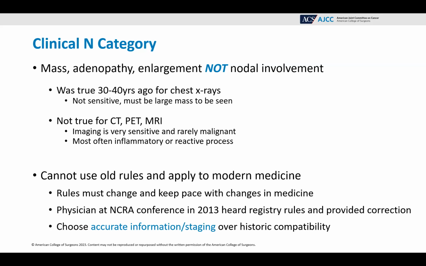And he met with us later and explained the differences, what was true in chest x-rays and what is now true in modern imaging. So it's important for registrars to choose accurate information and staging over historic compatibility when we're talking about AJCC staging.